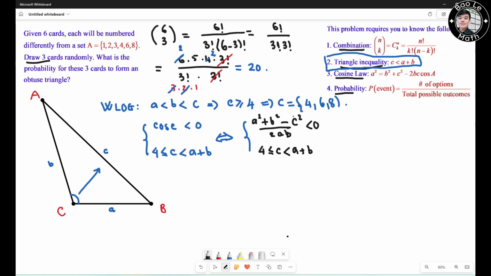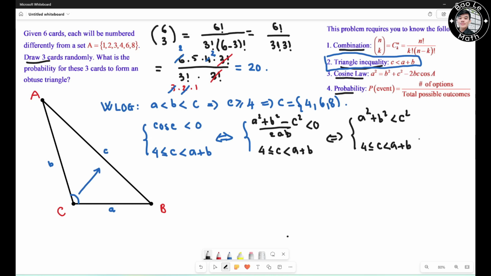Alright, this fraction is less than 0, but a is positive, b is positive, so we only need the top less than 0. So a squared plus b squared less than c squared, and 4 less than or equal to c less than a plus b. I add c squared to both sides, and I get this one.